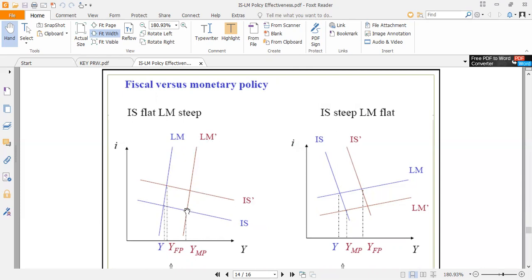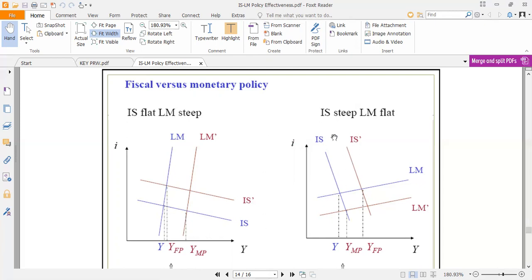And this will be the new equilibrium point with equilibrium income YMP. So when the LM curve is steeper than the IS curve, monetary policy will be more effective, because you have a larger increase in income than when you embark on a fiscal policy.